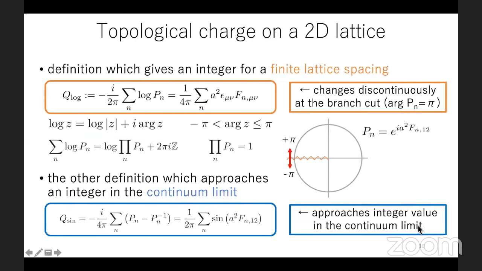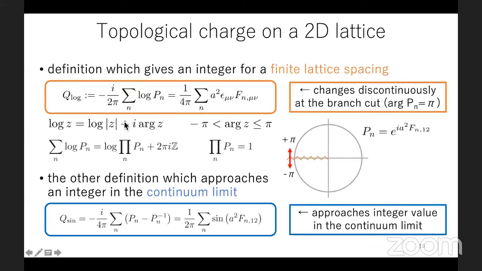And we also need to regularize the topological charge onto the lattice. Actually, there are two types of definition. The first definition is like this, which gives exactly an integer for a finite lattice spacing. It is given by the log of the plaquette, so it picks up the phase of the plaquette.